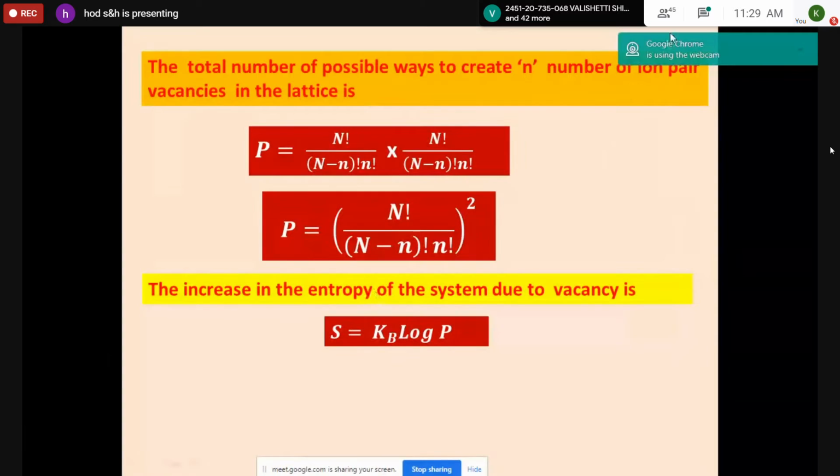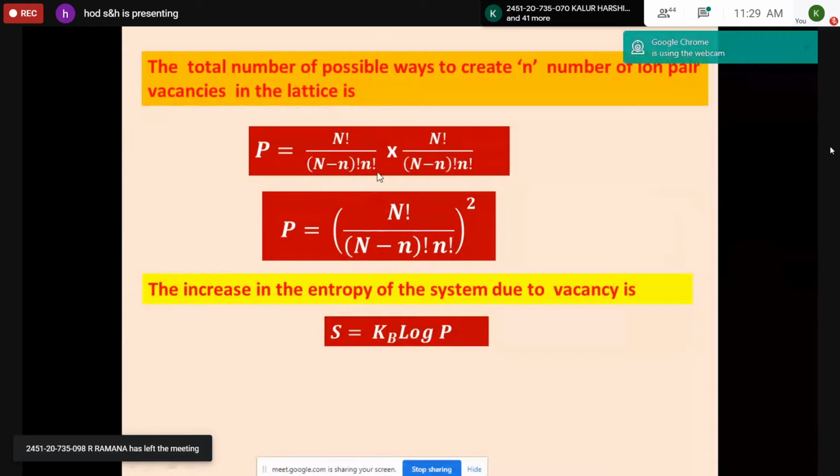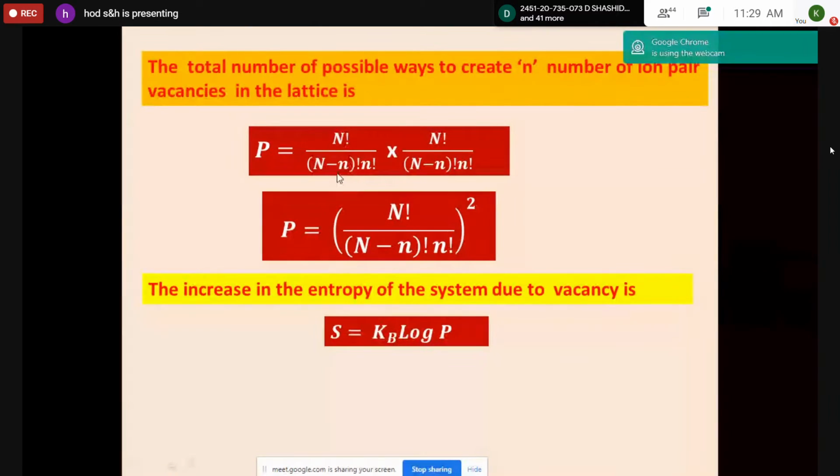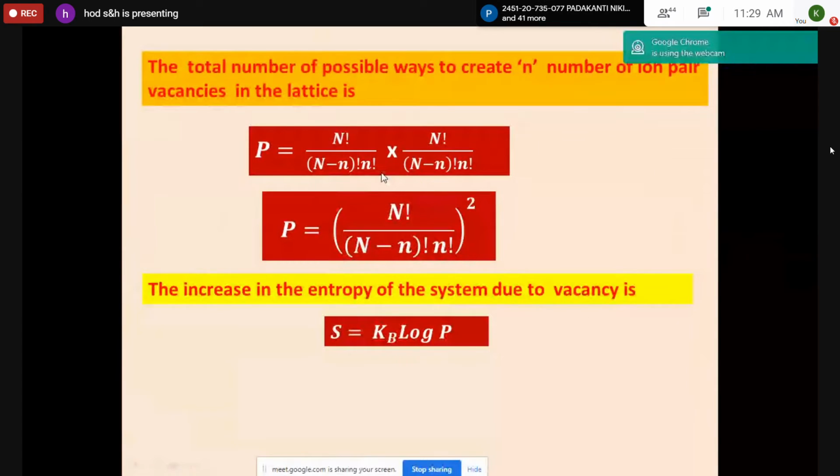Now, the total number of possible ways to create n number of ion pair vacancies in the lattice is the product of these two, because of the possibility of creating n positive ion vacancies and n negative ion vacancies. So the total probability is P = N factorial by (N minus n) factorial into n factorial, and for the creation of negative ions, N factorial by (N minus n) factorial into n factorial.